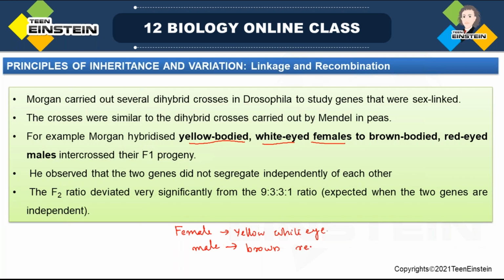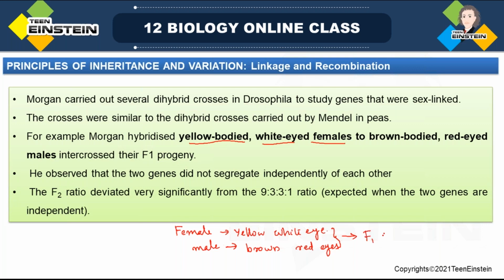He crossed these two and raised the F1 progeny.